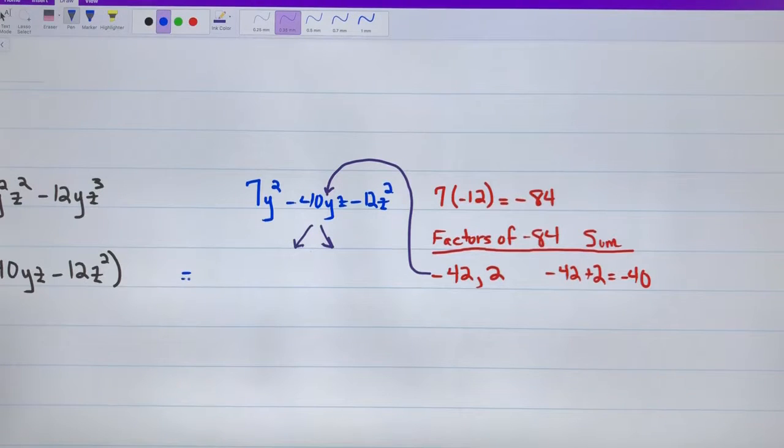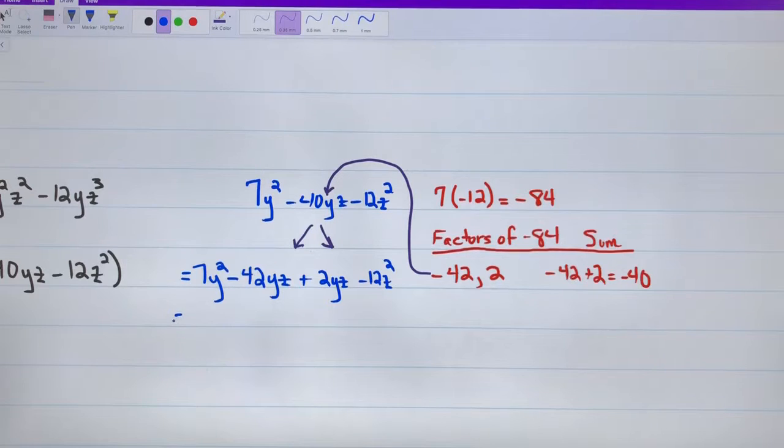Just setting up the factoring by grouping, right now we have 7y squared. If you have a negative and a positive factor, I would recommend putting the negative term at the front. So we have negative 42yz plus 2yz minus 12z squared.